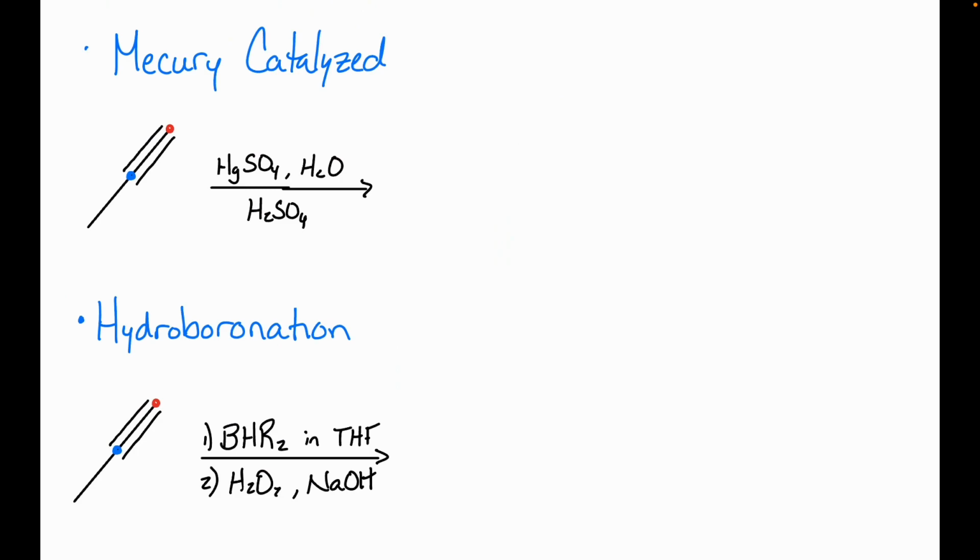The big difference is which one of these carbons are we going to add to, the more or the less substituted? Okay, that was the big difference between these two reagents that we saw before, and the same thing holds here. Mercury will give you the Markovnikov product, whereas hydroboration will give you the anti-Markovnikov product.